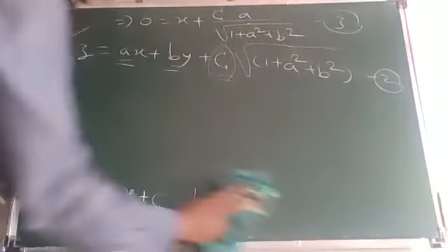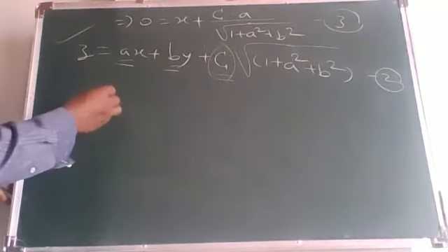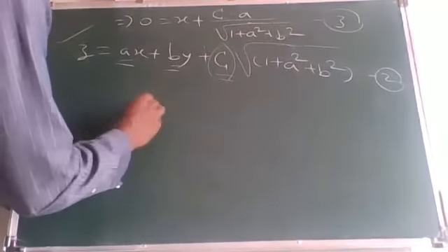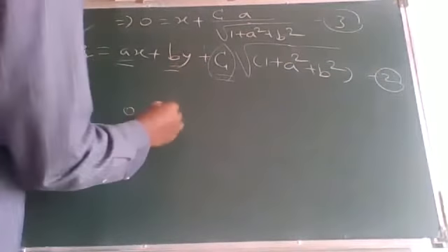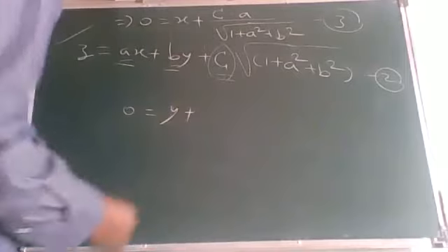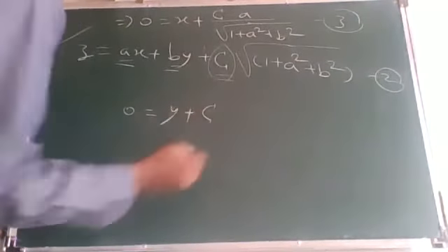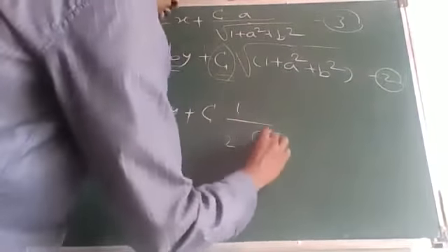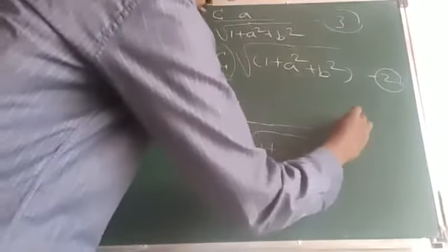Similarly, obtain the derivative of equation 2 partially with respect to B, and we get 0 plus y plus capital C into 1 divided by 2 times square root of 1 plus A square plus B square into 2B.